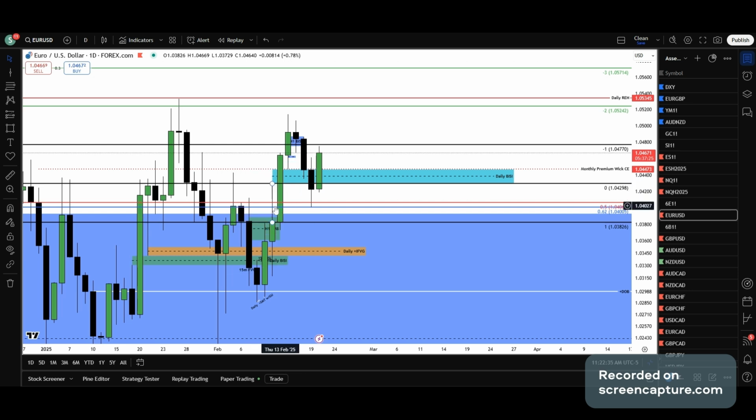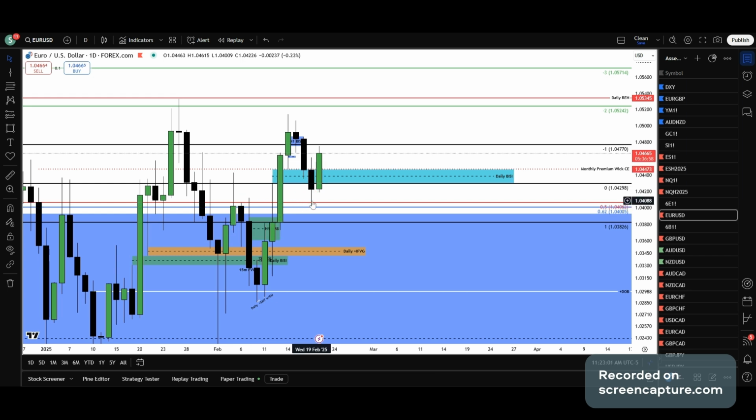Initially we would expect it to act as resistance in a sell program, but because we're in a buy program, we're expecting for price to run through it, and then if it wants to come back down into it, it should invert its current mechanism for sending price lower, and instead of acting as resistance, it can now act as support.